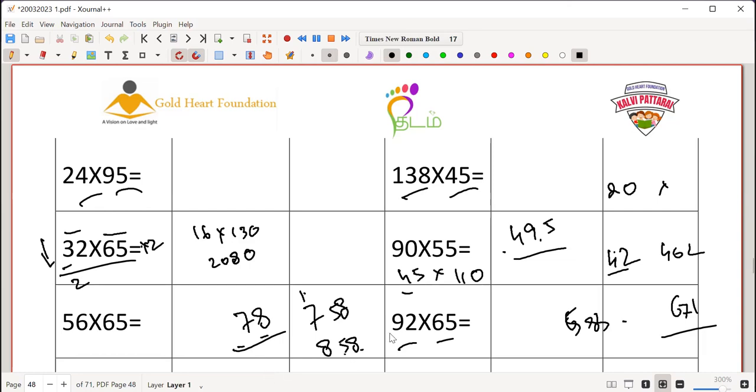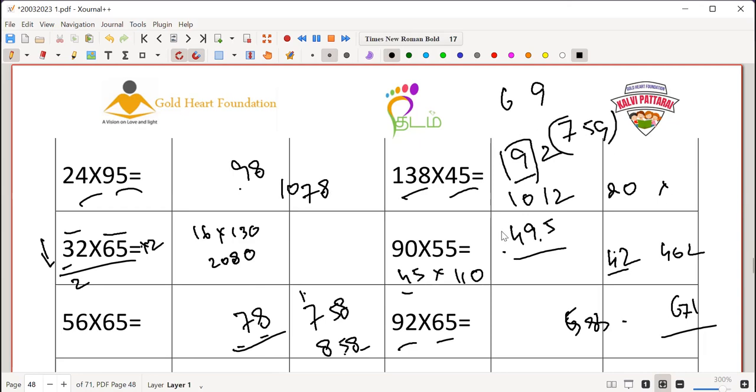Then the unit digit. So if it's 98, it's 17, 10, 7, 8. If it's 92, 10, 1. Raise the number by 1. If it's 69, 15, 7, 5, 9.